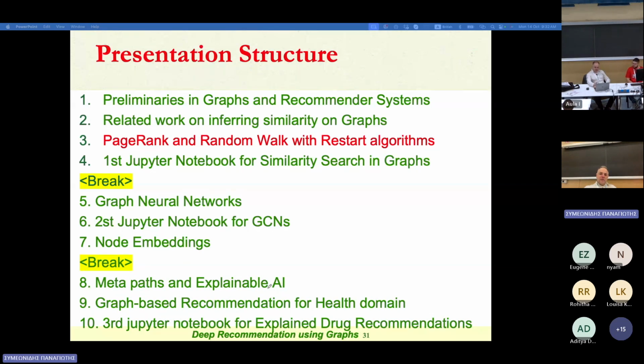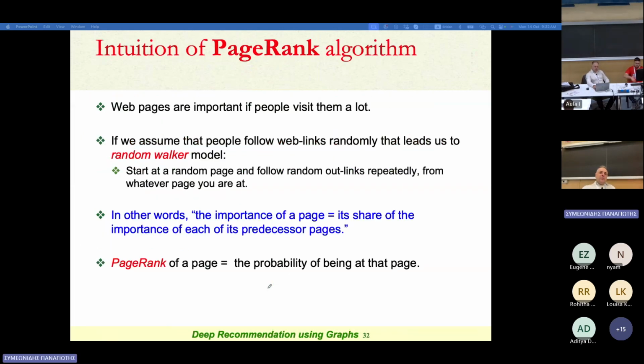Now I will give a detailed presentation of the random walk with restart algorithm, which is based on PageRank. Of course, you all know the PageRank algorithm and how it provides importance to pages, the websites. There is the random walker model.